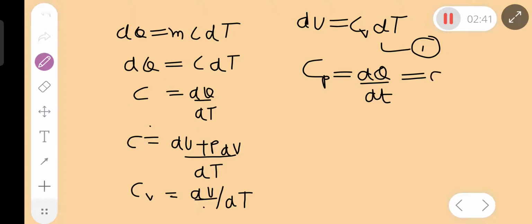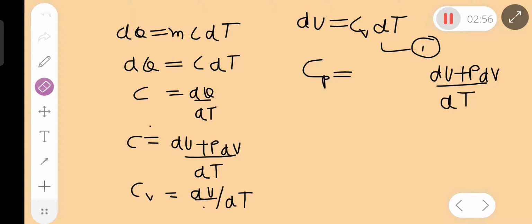Again substituting the value of dq as du plus p dv, using the first law of thermodynamics. We have to write capital T because it is temperature: du by dt plus p dv by dt. We can write it again as dq over dt.